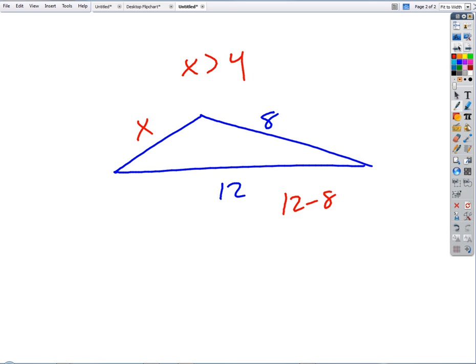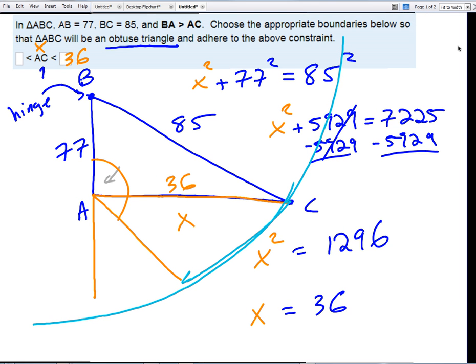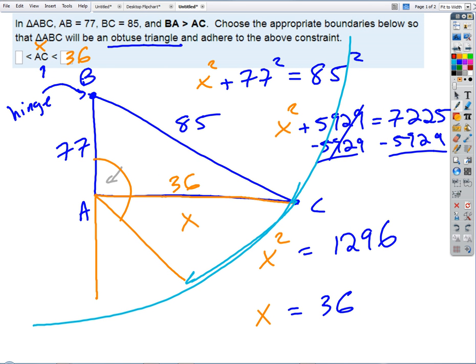So if we go back to this one, what's it going to be? Well, 85 is the length of the longest one. If this is 77, the other one has to be just enough, so 77 plus x is greater than 85, right? So we could solve that pretty easily.